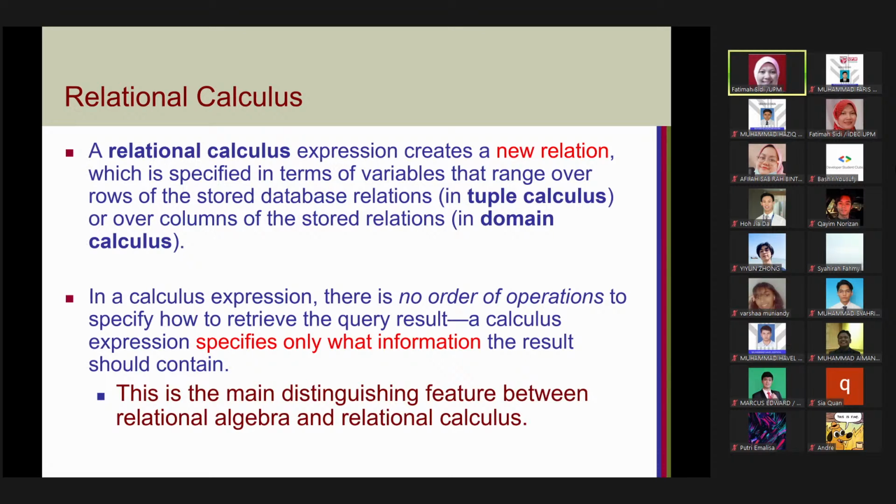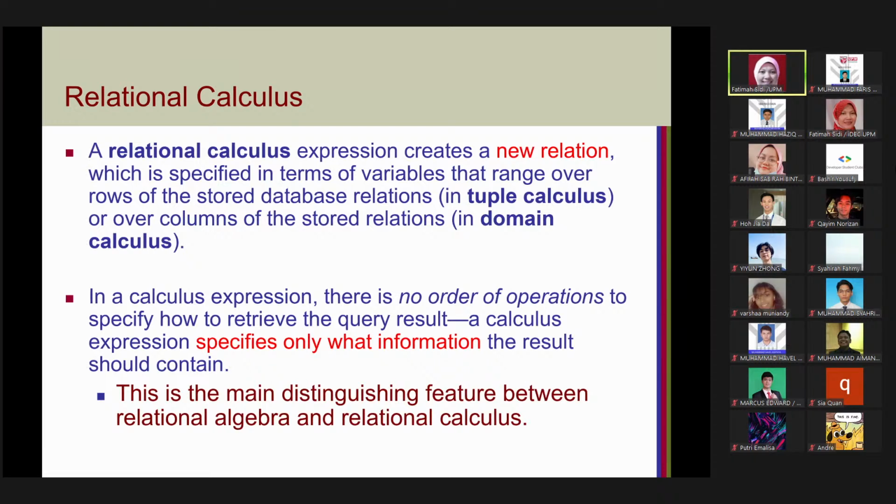Okay, relational calculus. So let us look at this topic. Of course, relational calculus is different from relational algebra. A relational calculus, as you can see in this slide, is also expressed to create a new relation, which is specified in terms of variables that range over rows of the stored database relation.